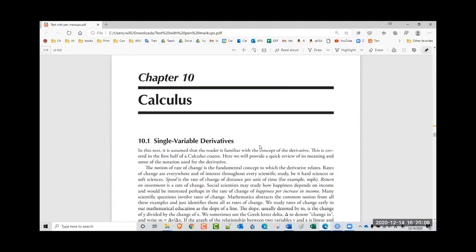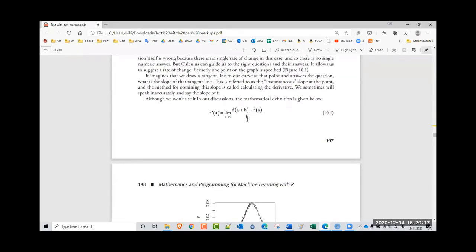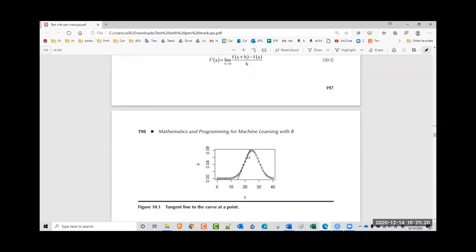And now we go to calculus, a review of calculus, and more than just a review maybe. This is just the definition of the derivative from calculus. The idea is that if we have some curve and we want to know how quickly the function is increasing, like here it's not increasing very much at all.